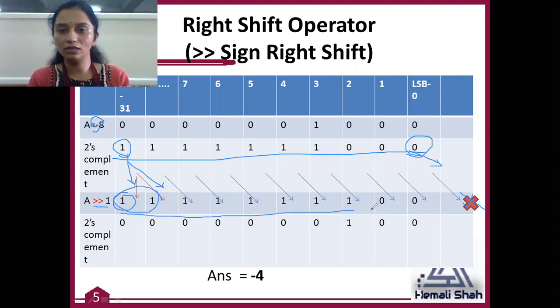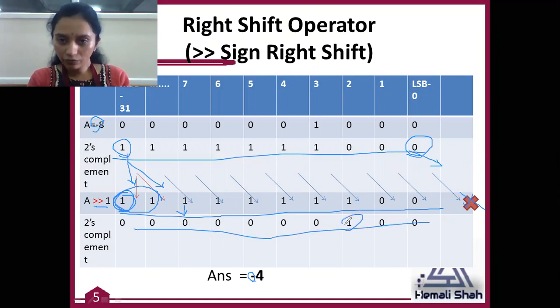The first bit, the MSB, is 1, which means this is a negative value representation. So you have to find the actual value by performing the 2's complement. The first bit 1 means you put a minus sign, then complement this value and add one. So you will get 4, and the actual answer is -4.